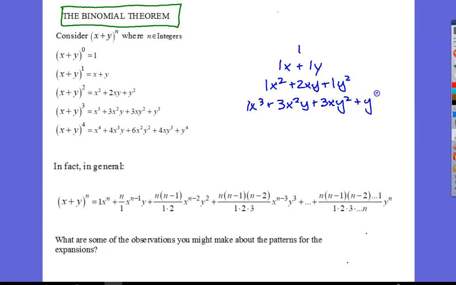So I want you to take a moment and look at, do you notice a pattern within this expansion? Any patterns? There's lots of patterns here, but do you notice any patterns in general? So take your time, take a look at them, look at how the terms expand out and see. This would be a good time to pause the video and take a look at how they expand.